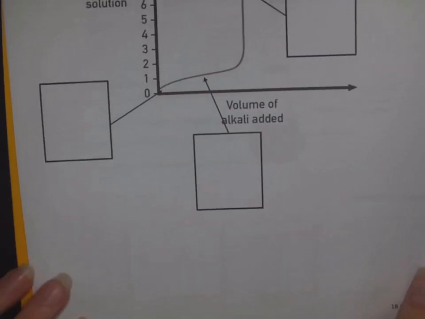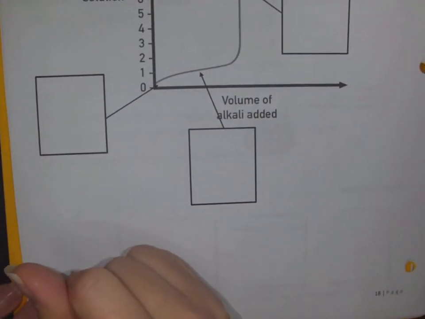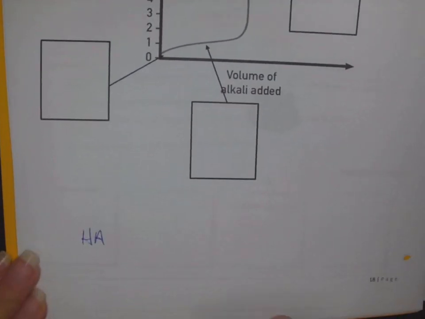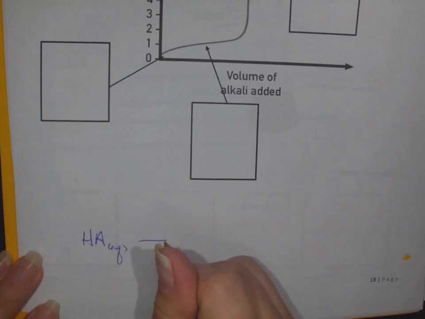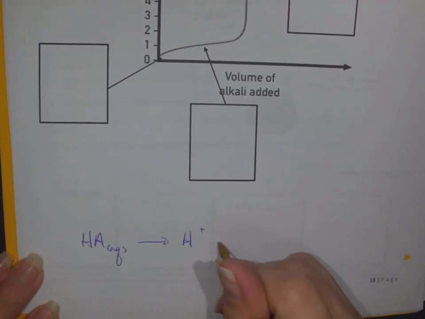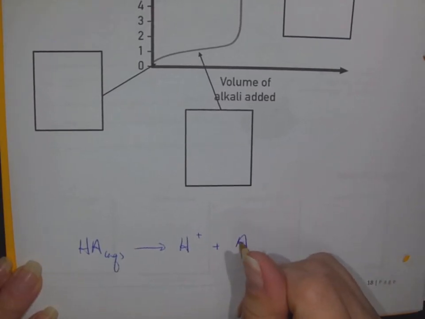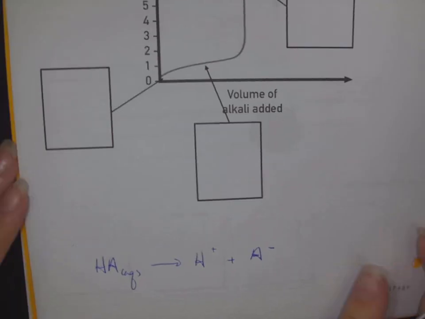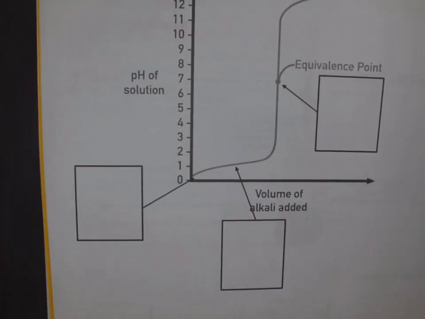So for this part, because I'm looking at this acid here, I'm going to concentrate on this acid breaking apart into H plus and this A minus, okay? So how many should I choose? Let's do 6. That'll be helpful.